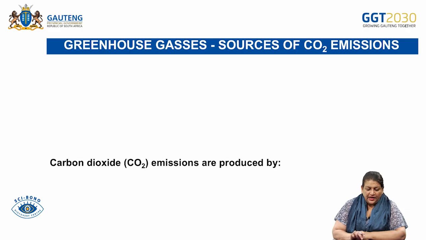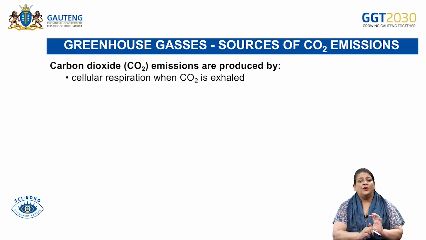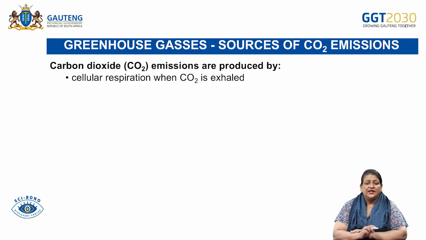Right, let us look at the sources of carbon dioxide, which is a greenhouse gas. Now, carbon dioxide is produced by respiration. Remember, all our cells have a mitochondria, which actually uses glucose and oxygen, which you learnt of earlier in the year. And the mitochondria uses that for respiration and to produce our energy. In other words, due to respiration, although we are breaking down glucose with oxygen, we are releasing carbon dioxide into the air.